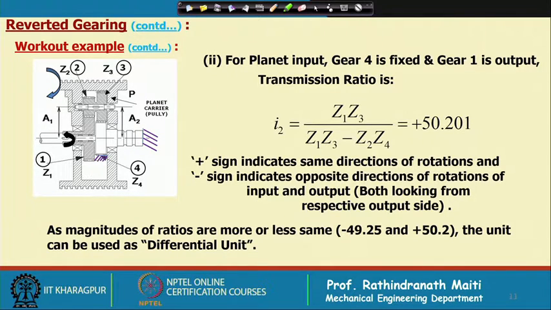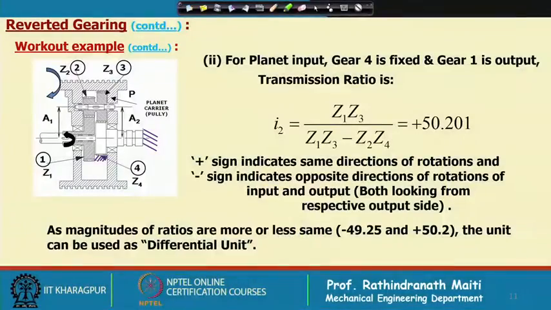Alternatively, it might also be a bevel gear, with the pinion coming from the speed change gearbox of the automobile. So, we have seen this can be used as a differential unit also. I have discussed how the reverted gearing can be used as a differential unit.